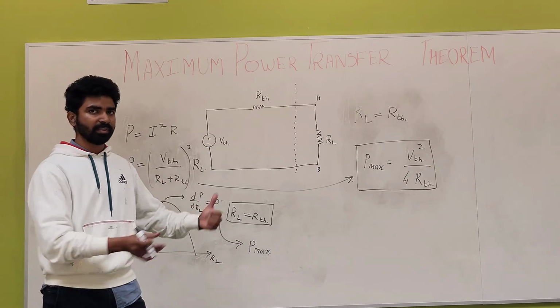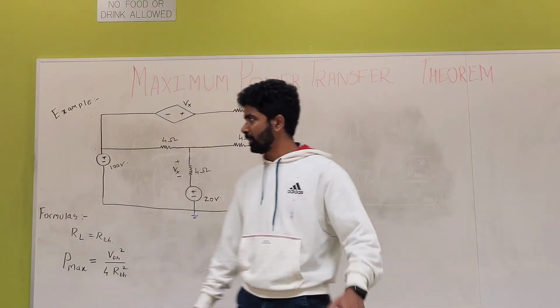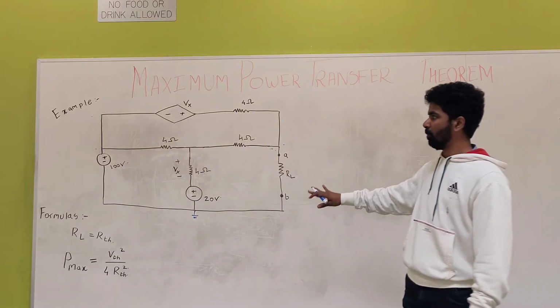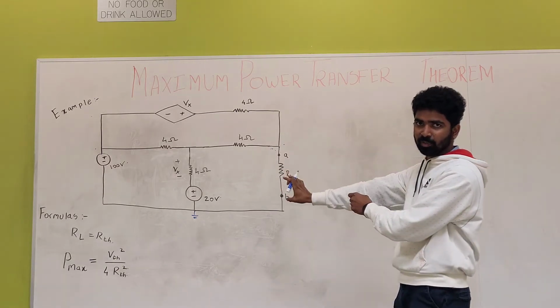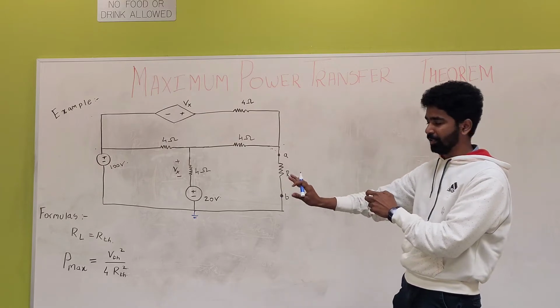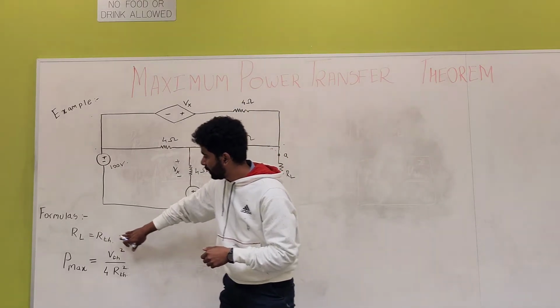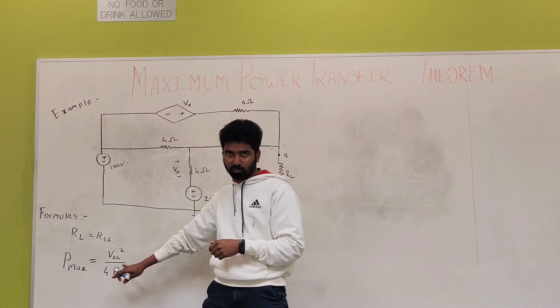Okay, so let's go with the examples. This is a basic example. I have taken a small example over here, and the question would be in the form of: at load RL, what would be the maximum power? We just have to use the equations which we derived. P max is equal to VTH square upon 4 RTH.